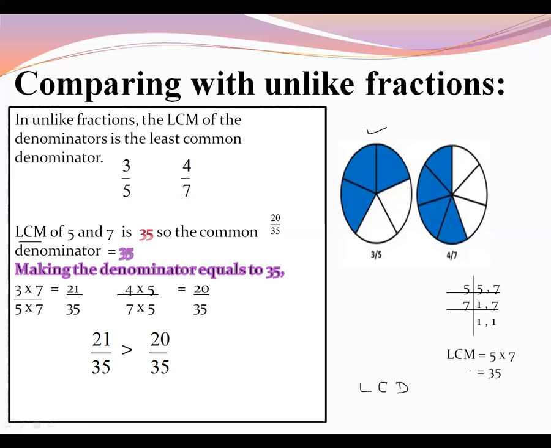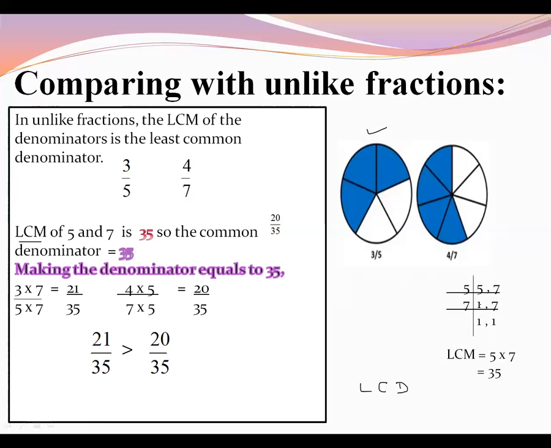If you are confused about how you are going to find the LCM, it's very simple, my children. You just have to put the numbers, or you can say the dividends, over here as I did, 5 and 7, and then the divisor is going to be written over here. The quotient will be written under the dividends, because 5 ones are 5, so 1 will come up under 5.